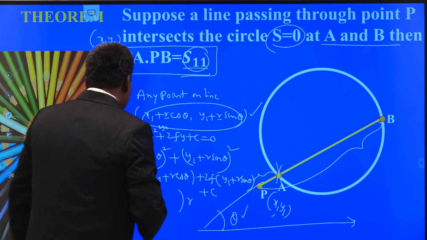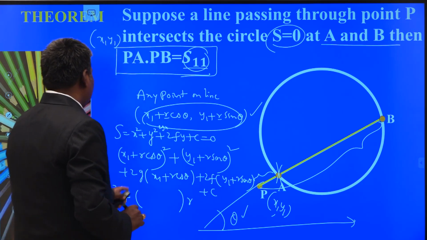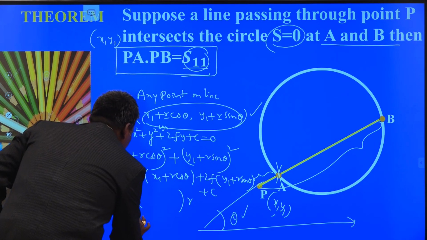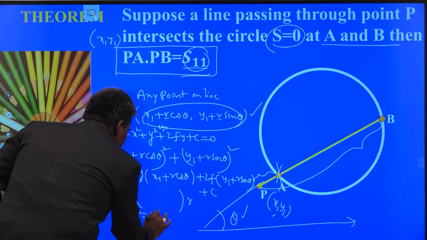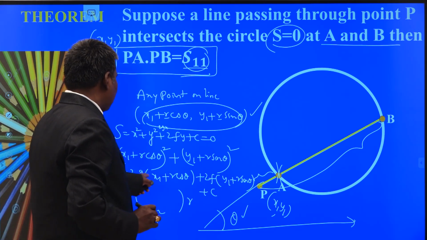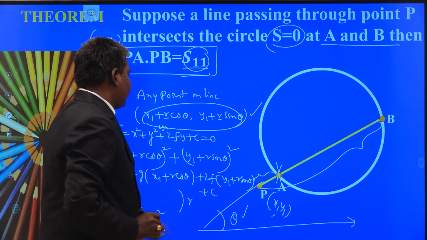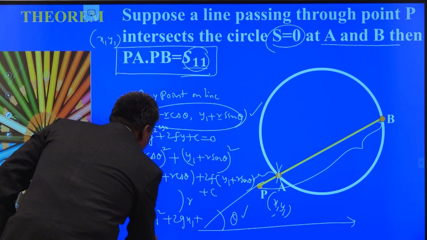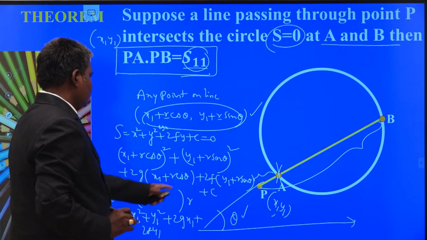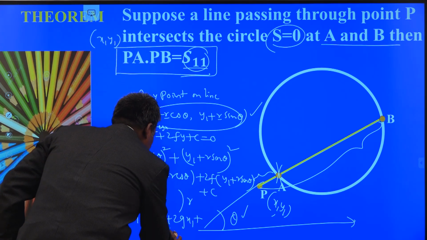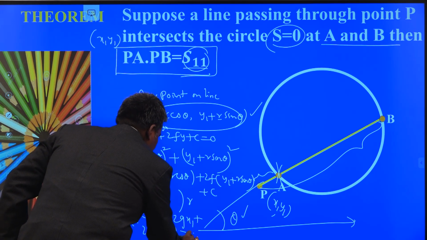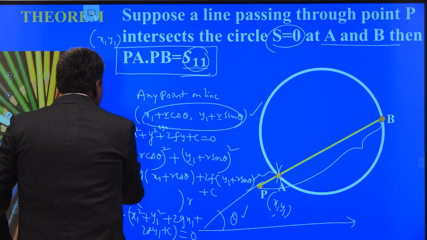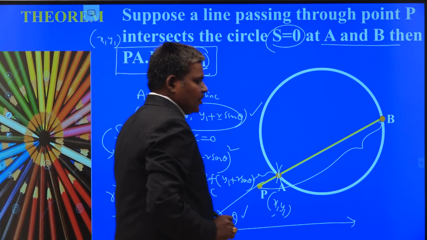Plus, what is the constant here? x1 square is constant, y1 square is constant, so I am writing x1 square plus y1 square, plus 2gx1 plus 2fy1, plus c, is equal to 0.